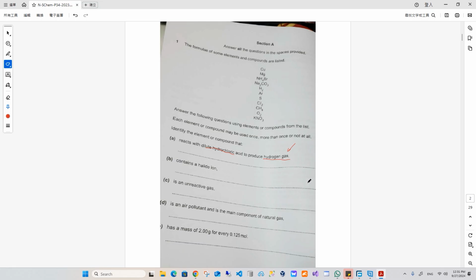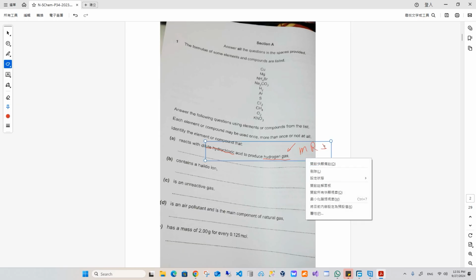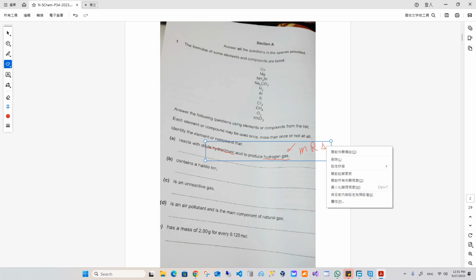The second thing is the metal reactivity series. So we do have a metal reactivity series here. Be careful about this.